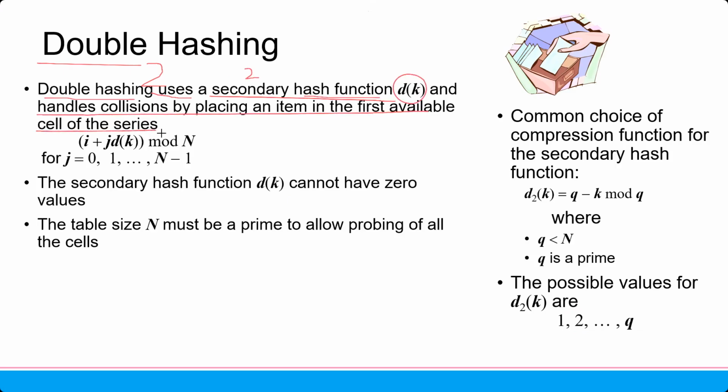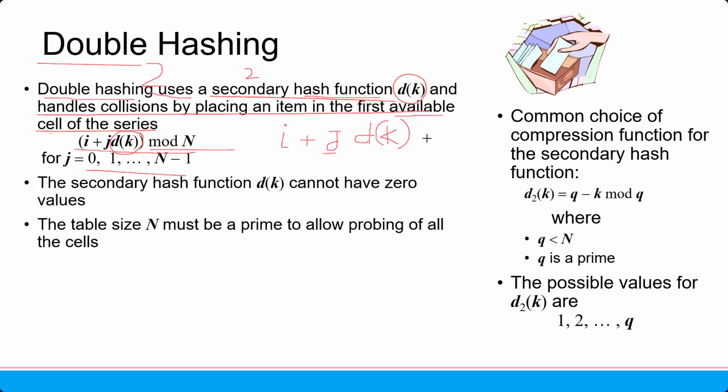Okay, so we will take a look later with an example. Now the equation will be like this: (i plus j times d(k)) mod n, where j is a number from 0 until n minus 1, and d(k) is another function for finding the first available cell.